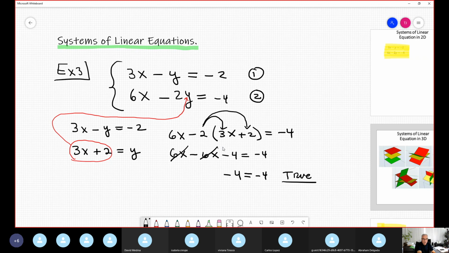Well, for example, you multiply the equation 1 by 2, positive. So you multiply the entire equation 1 by 2, you have 6x minus 2y equal negative 4, which is exactly the equation 2. So you prove mathematically that these equations are dependent.